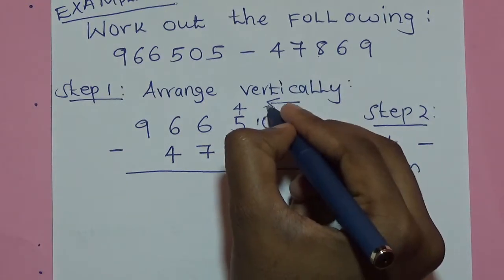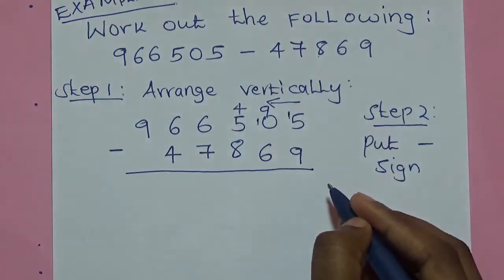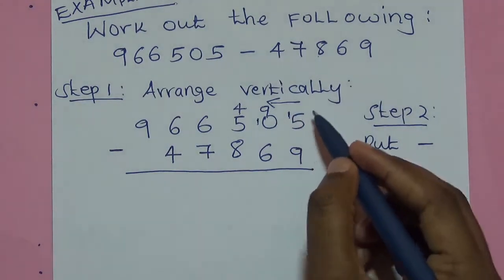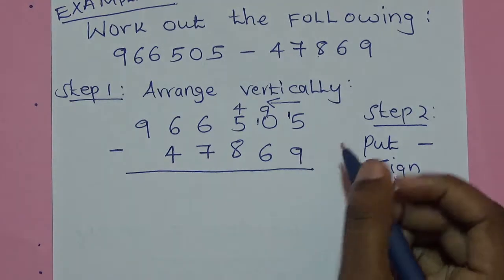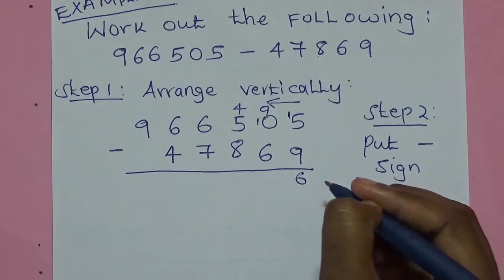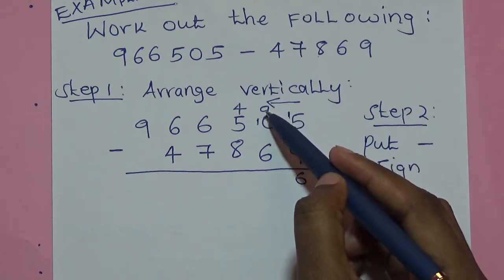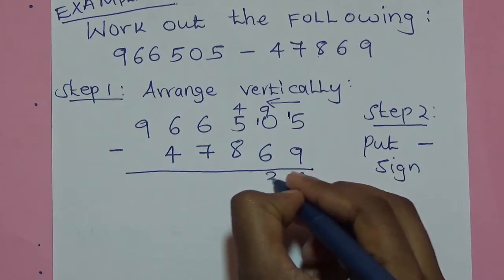So here we are left with 9. And here we have 15. So 15 we subtract 9 will give us 6. And here we are left with 9. 9 we subtract 6, we have a 3.